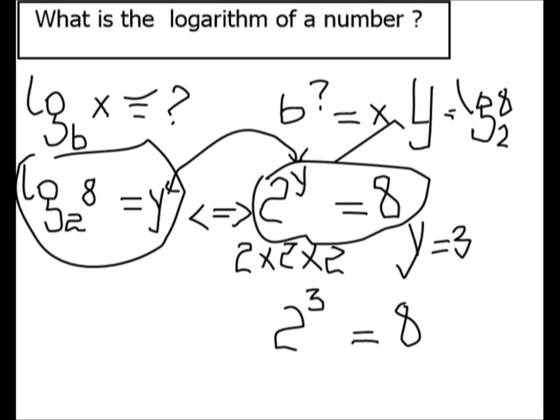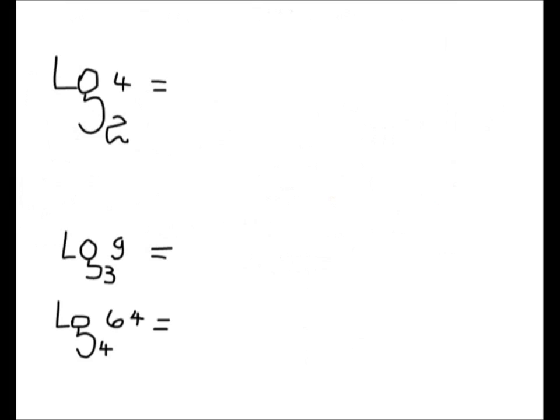If you understand it, let me give you an example. Log base 2 of 4. Understand the unknown, I call it y. I can call it whatever variable, I just choose one.